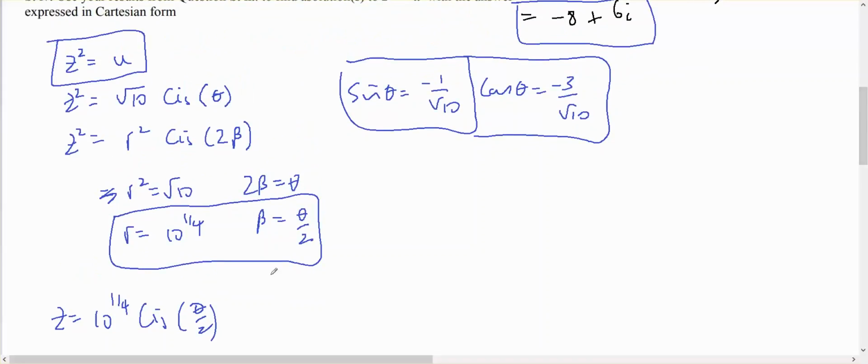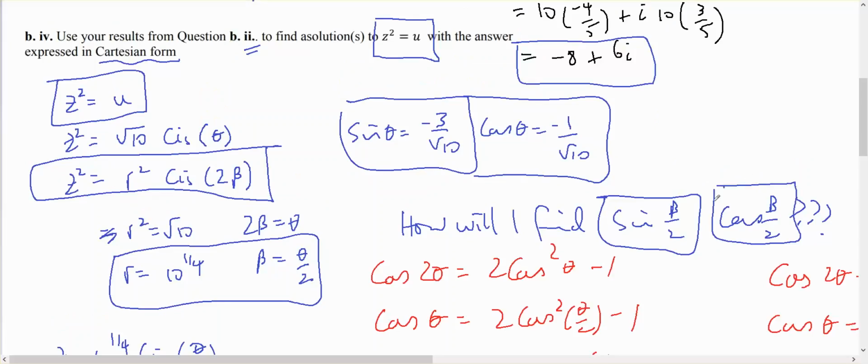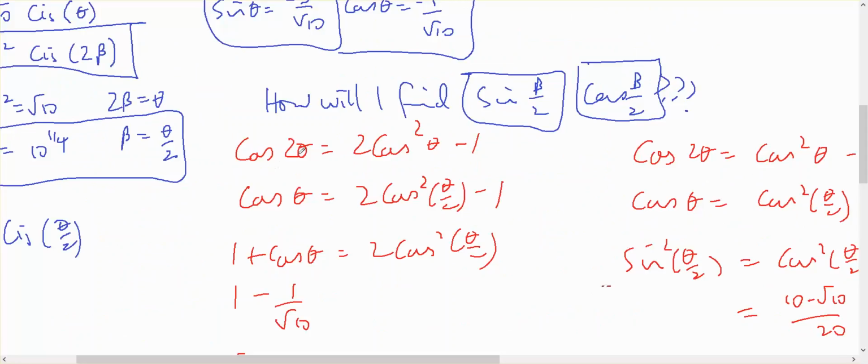So, what am I going to do? How will I find sin of theta on 2 and cos of theta on 2? Cos of theta on 2 first. So I'll use the double angle formula for cos of 2 theta equaling 2 cos squared theta minus 1.